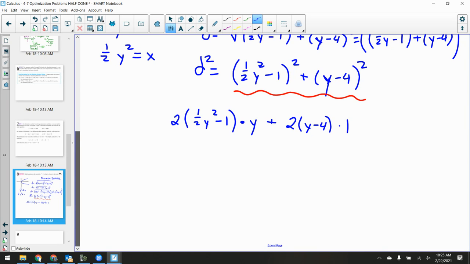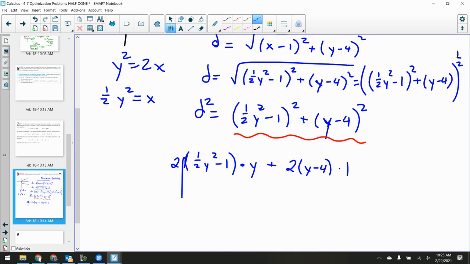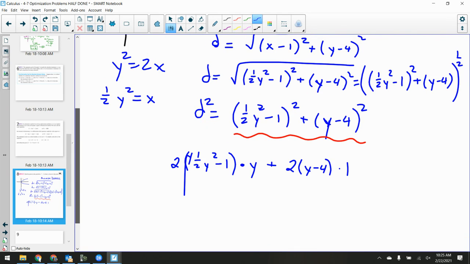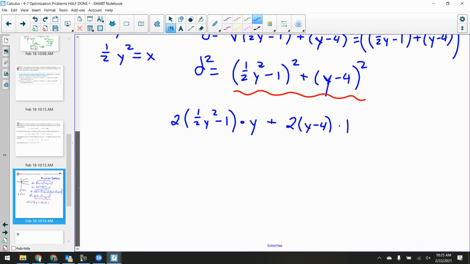All right, now distributing the 2 and the y. This would be y to the third minus 2y, right? I'm just distributing the 2 and the y at the same time.